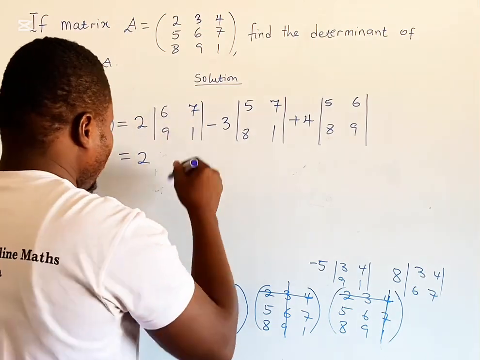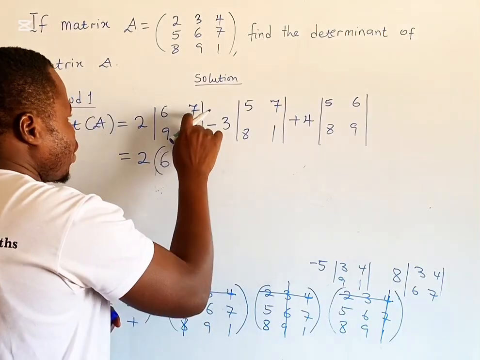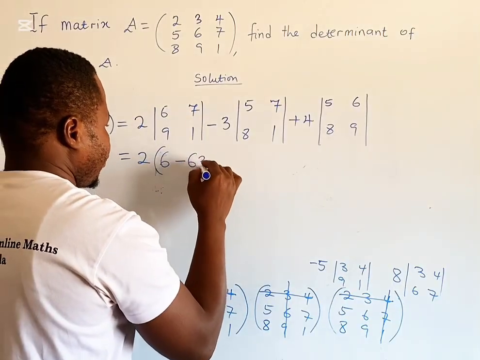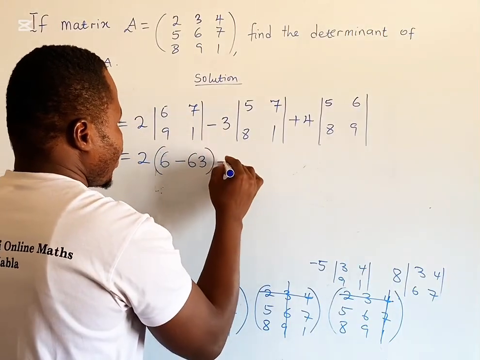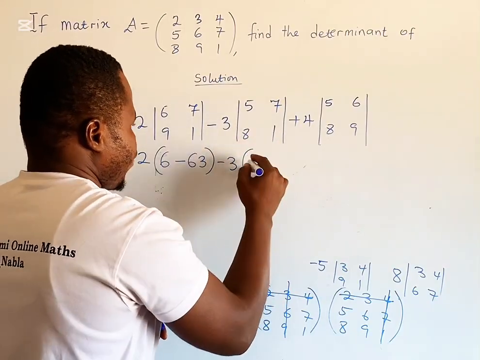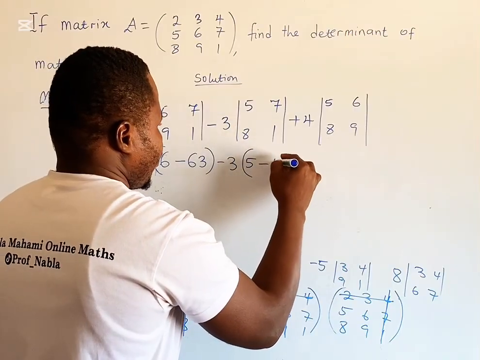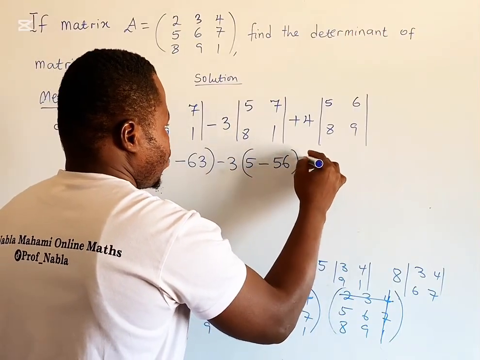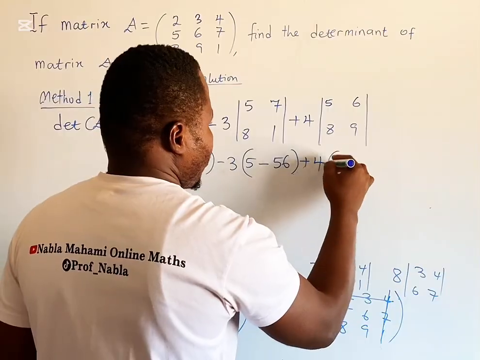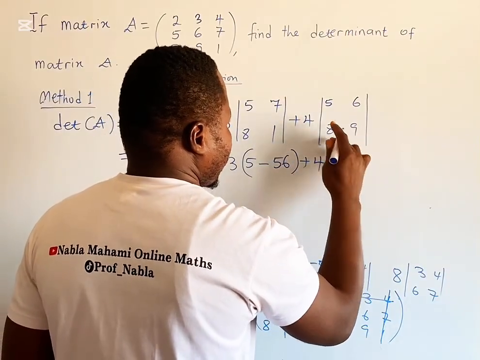So 6 times 1 is 6, minus 9 times 7 is 63. Then I'll bring this value, minus 3. Here, 1 times 5, 5, minus 8 times 7, 56, plus 4, open bracket, 9 times 5 is 45, minus 8 times 6, 48.